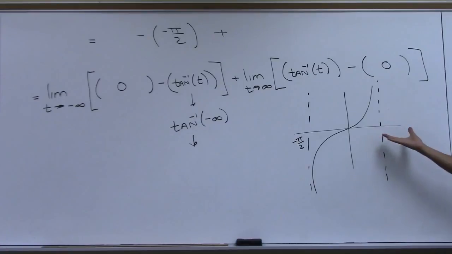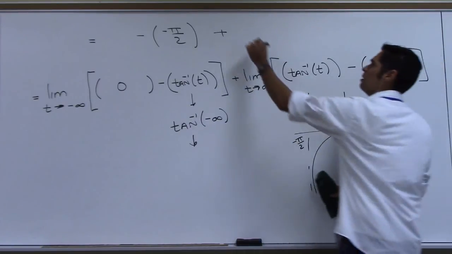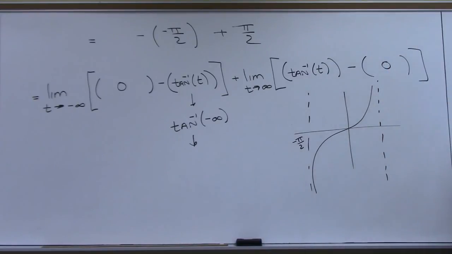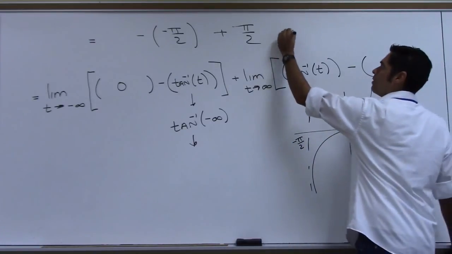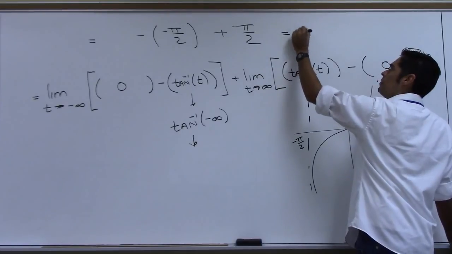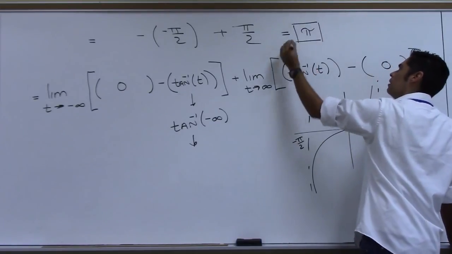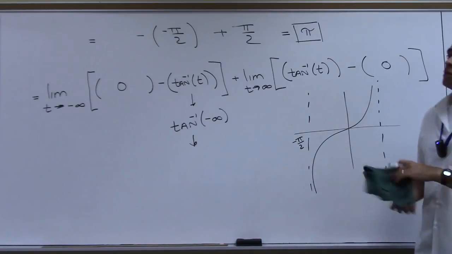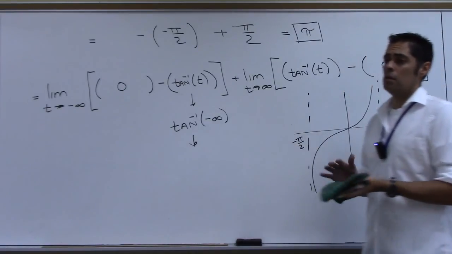It's approaching pi over 2. And what happens if we add those two together? What do you get? 2 pi over 2, which is pi. Does this integral converge or diverge? Converge, if we have a finite number.